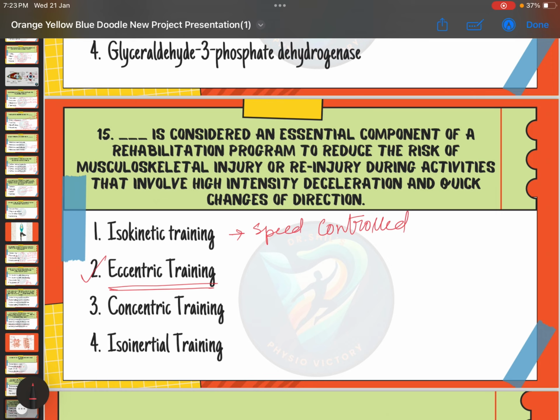Concentric training is a shortening action, important for propulsion, and isoinertial training is for constant external load.